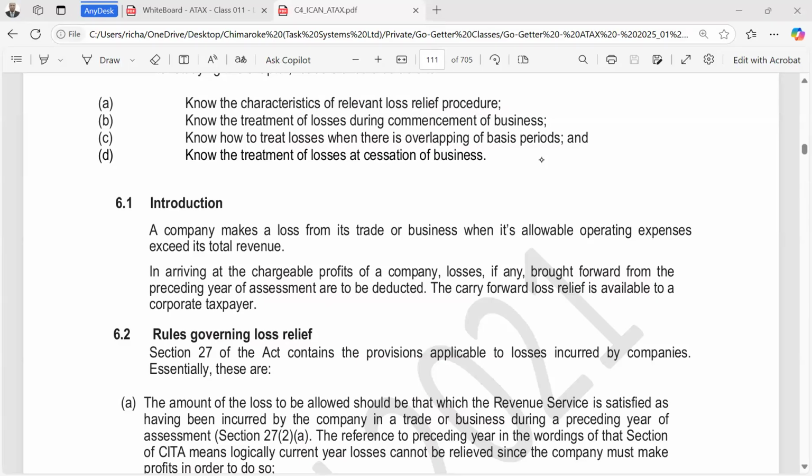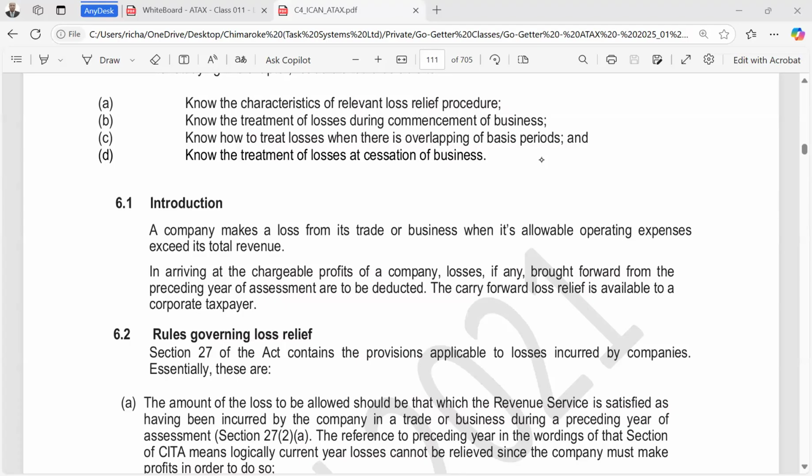Now, we're talking about net profits. If all your expenses are bigger than your profits, then you have made a loss. In tax, we don't look at net profits, we look at taxable profits. Now, when your allowable expenses are bigger than your revenue, then there is a loss.